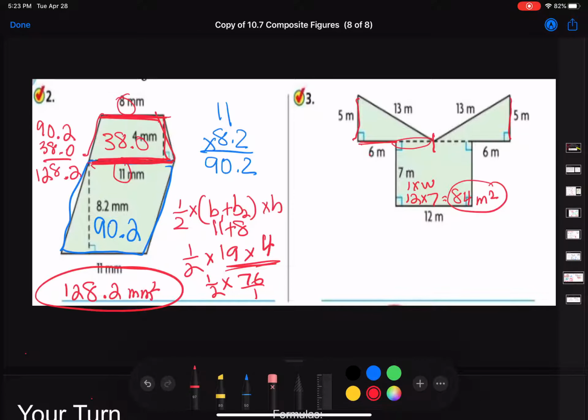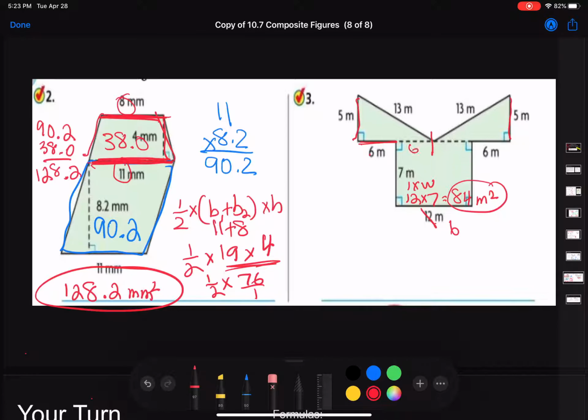Well, okay, so I want you to think about this. This whole part from here all the way to here is 12. Okay, so this is right in the middle, so I want you to half 12. What's half of 12? It is 6. So if I do half of 12, it's 6.